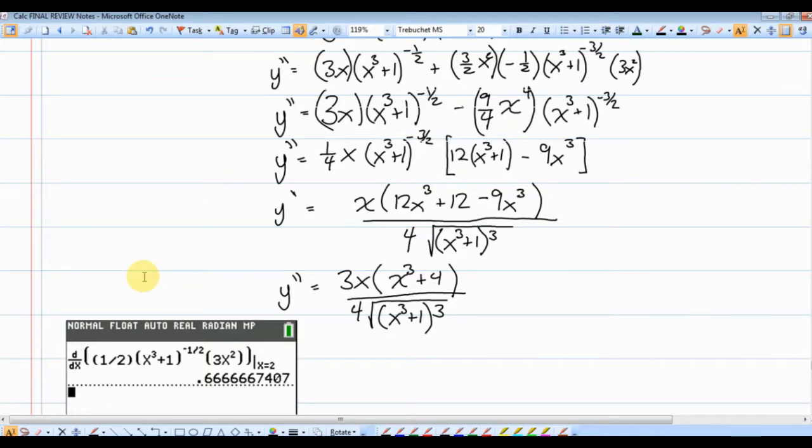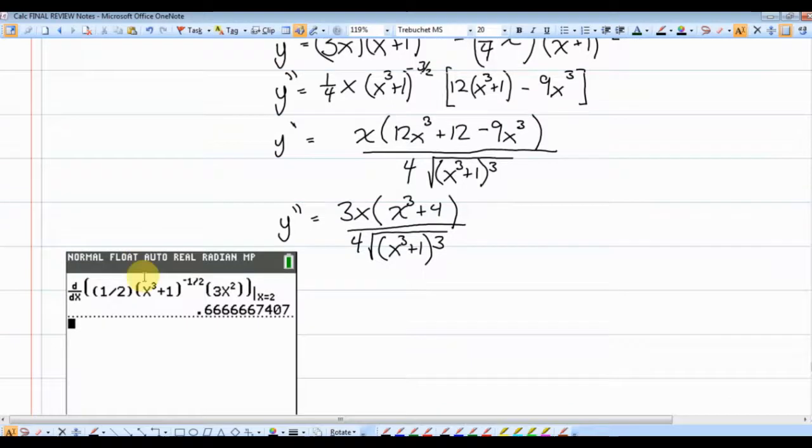Unless you paid an extra $50 for your calculator, it will not find the derivative for you. If you spent the extra $50 on the calculator, you know which calculator you have. So let's do something else.